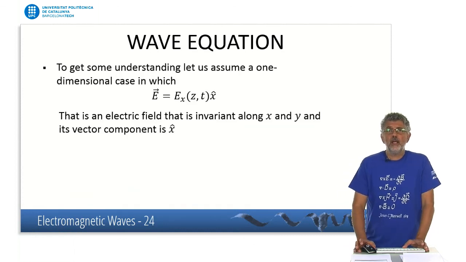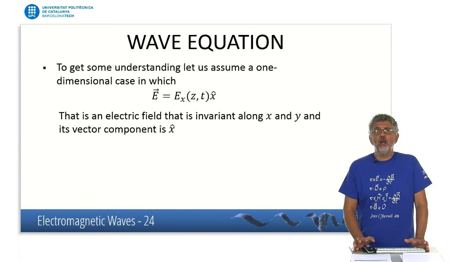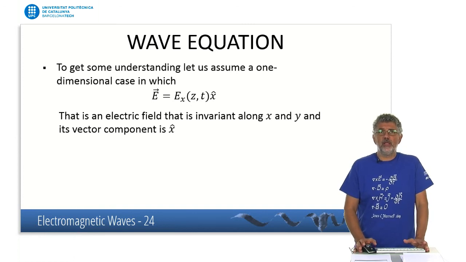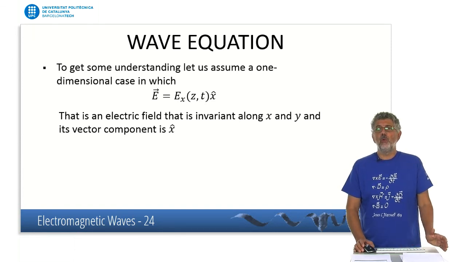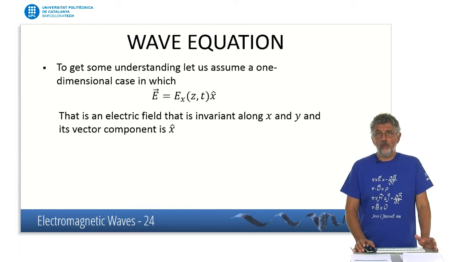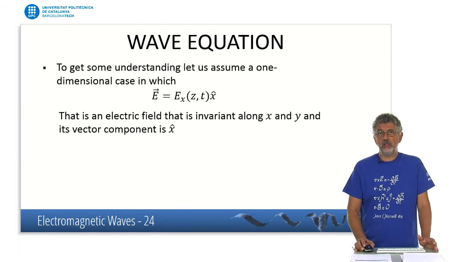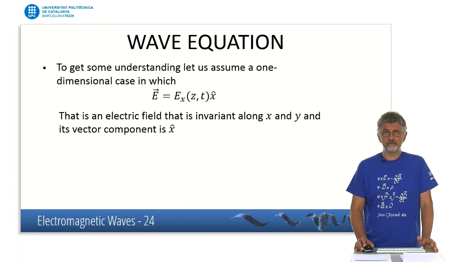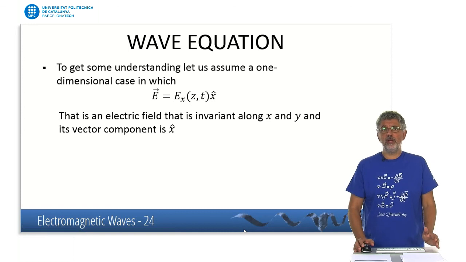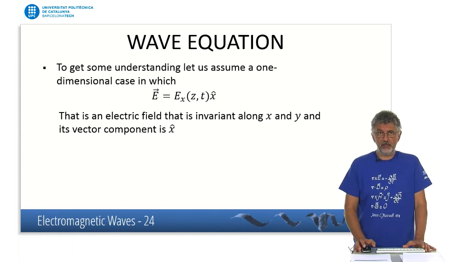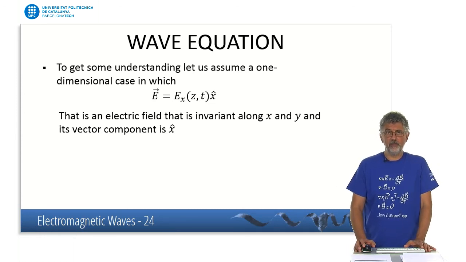Let's see in more detail what the implications of that wave equation are. Just to simplify a little bit, let us assume what we will call the one-dimensional case. The one-dimensional case means that we are assuming that the electric field is invariant along the x and y directions. It only changes along the z direction, and we're going to assume that it has a polarization along the x-axis.